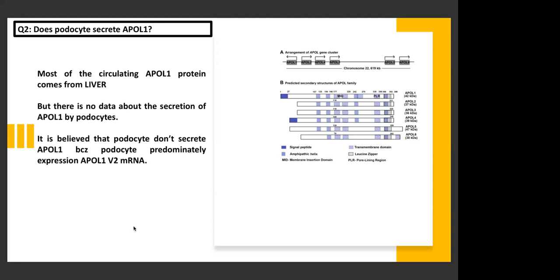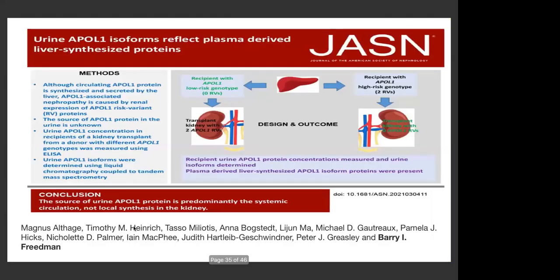So whatever data is present to date, it shows that the RNA splice variant which is expressed in the kidney doesn't have a signal peptide. That's why it remains retained inside the podocytes and doesn't come outside into the circulation.